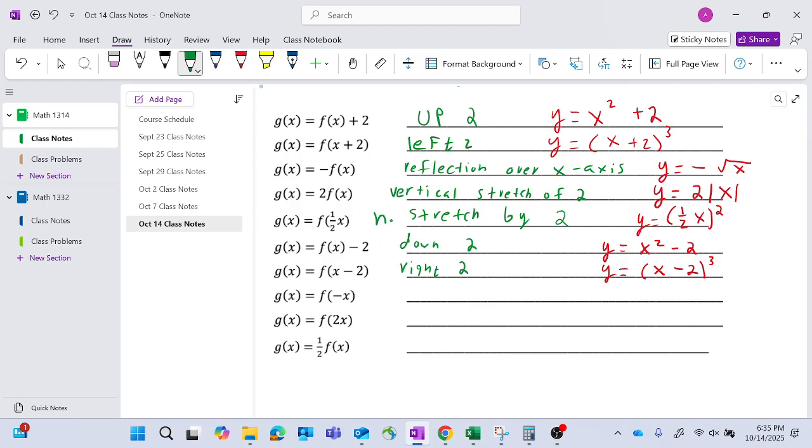The negative x, well, the negative is multiplying the x, so that's going to be a horizontal reflection or reflection over y.